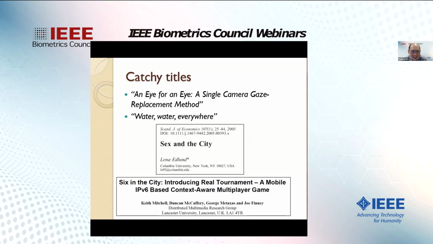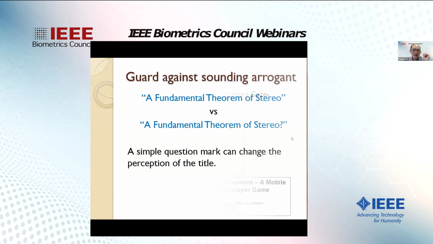Instead of SEX, it's SIX. Look at this: Six in the City, introducing Real Tournament, a mobile IPv6 based context-aware multiplayer game. How cool is that? Very good, interesting, catchy titles. So you can be creative.